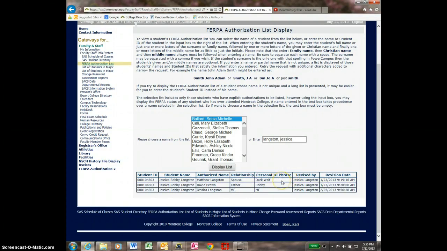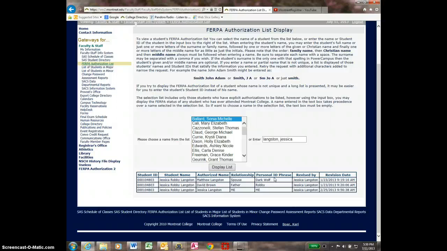So Jessica, as a student, has gone in there and created a PIP for all of these individuals. Now they could all be the same PIP or they could all be individualized as she has done it. It should not be something that would be identifiable on a password or something along those lines.